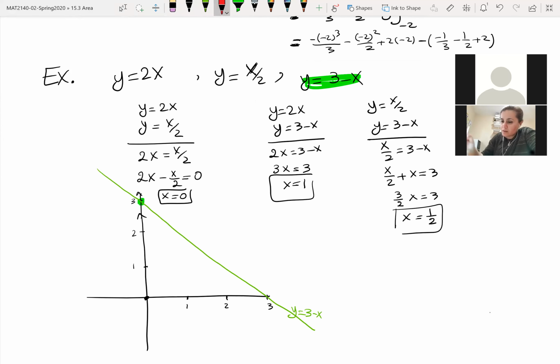And then if you have x equals 1, 2, okay, I need to be careful about y equals 3 minus x, and then y equals 2x. The intersection is at x equals 1.